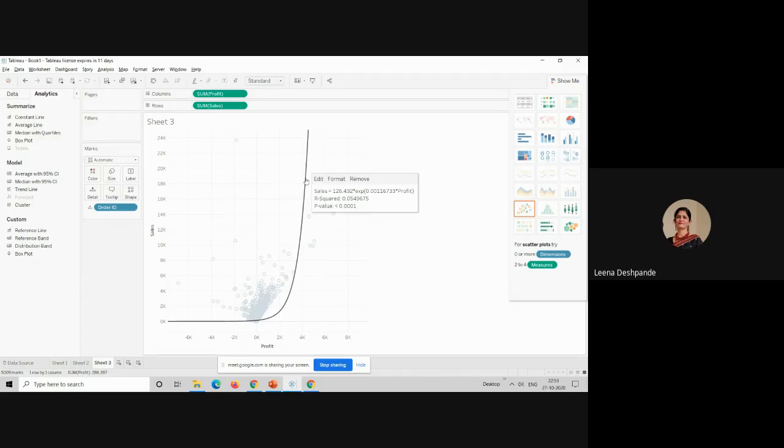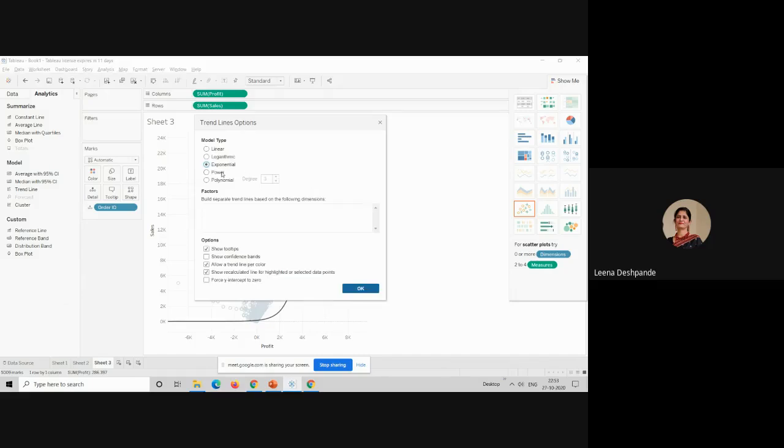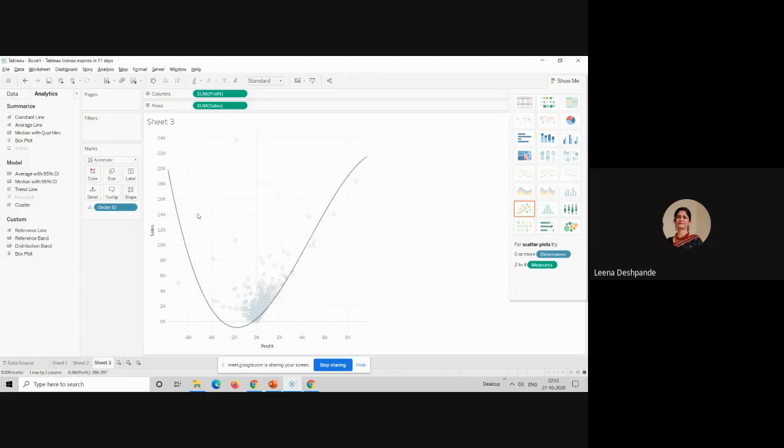The p value in all these three models I am getting as less. You can even use the power function or polynomial function. For polynomial, you can choose the degree and then plot this model prediction with this equation. This is how you are able to apply all these different types of models, linear, logarithmic, exponential, for such data, and you are able to find a trend with this equation.